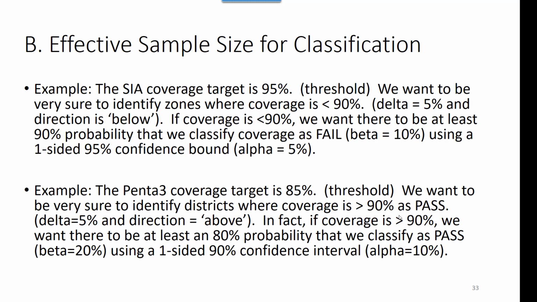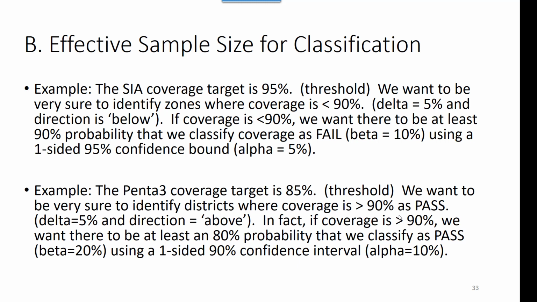And then we say, if the true coverage is below 90%, we want to be sure there's at least a 90% probability that we're going to classify coverage there as failing. Now, the fact that we're using 90% probability, that means that beta is 10%.